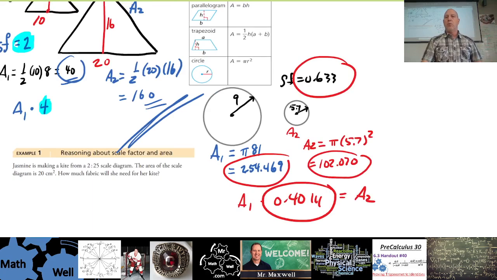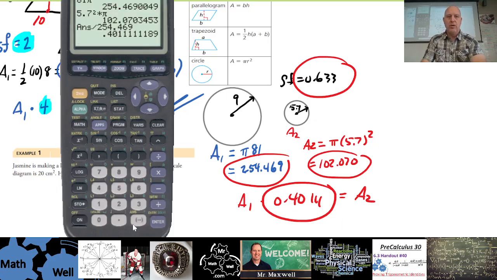So 0.6 times 2, does that give us this one? No. What about 0.6 squared? 60% of 60% is going to be pretty close to 40%. Isn't it? Let's just check it out. 0.633 squared is, look at that, 0.401. And if I took all the decimals, it'd be exact.